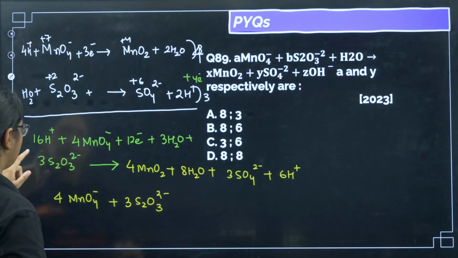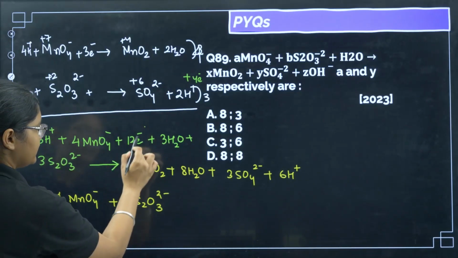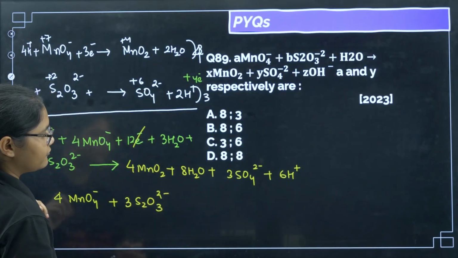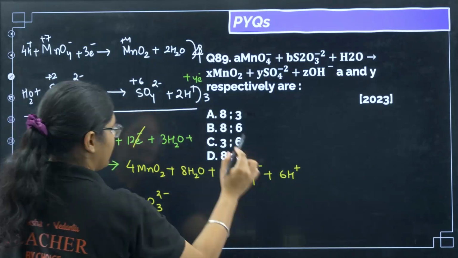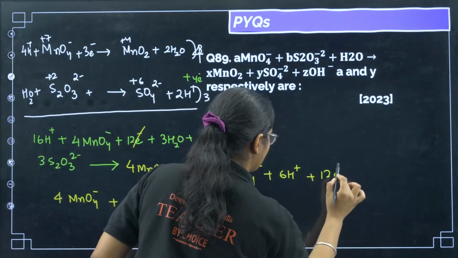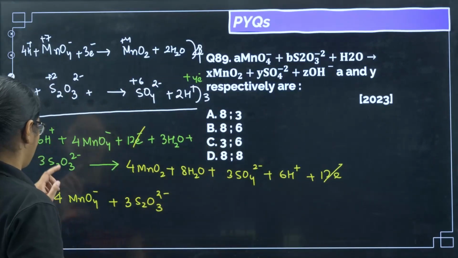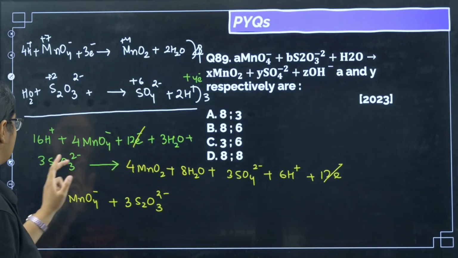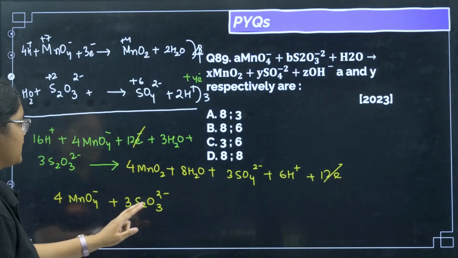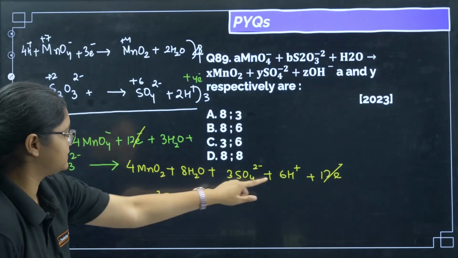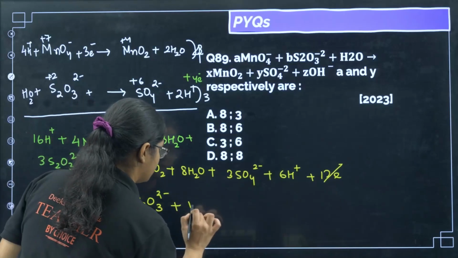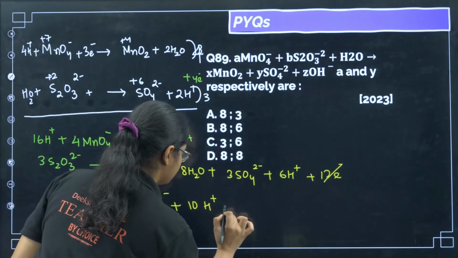Next I have 12 electrons this side, that got cancelled. So I have 4 MnO4-, 3 S2O3 2-, and I have 16H+, I have 6H+, I can take that here, so I will get 10H+.